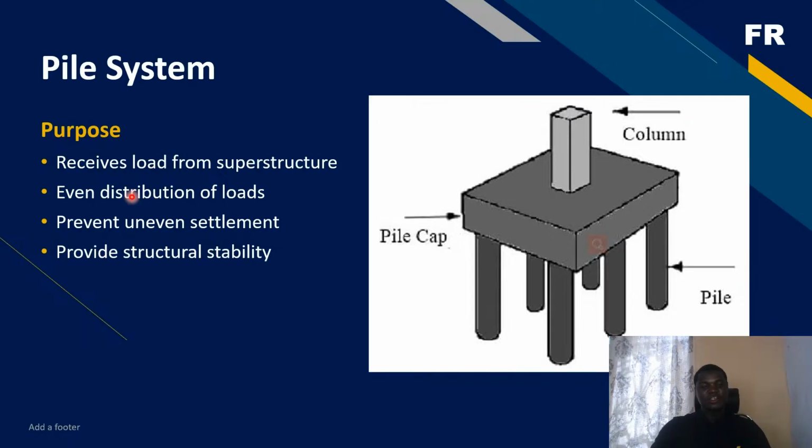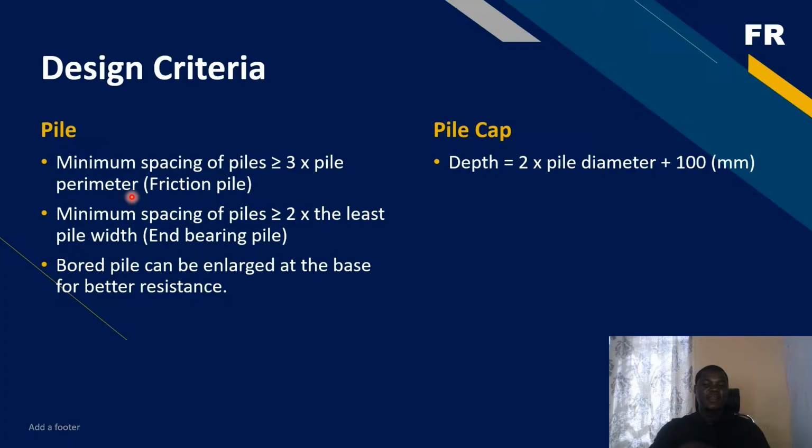So let's now talk about some design criteria that you should have when you want to design piles, or when you are detailing a pile foundation. This is important. I'm going to classify the criteria into two, because we have two major elements in a pile system: the pile itself and then the pile cap.